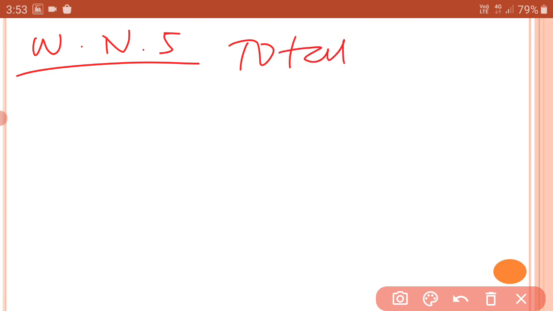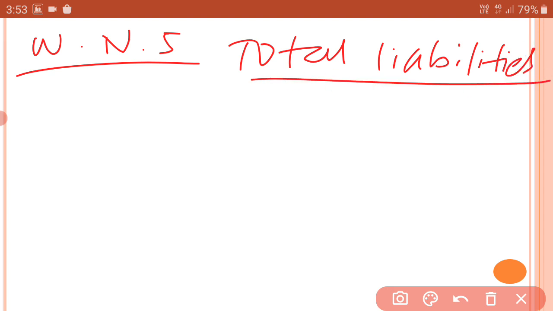After that, working note 5, it's total liability. In the total liabilities, first of all, we write here our 7 steps.